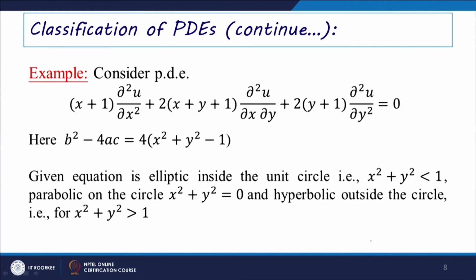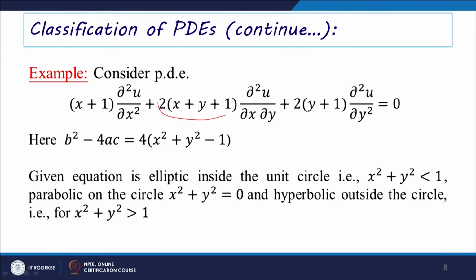To classify this, we have considered this example: (x + 1) ∂²u/∂x² + 2(x + y + 1) ∂²u/∂x∂y + (2y + 1) ∂²u/∂y² = 0. If you see this equation, you can find the b coefficient as 2(x + y + 1), the c coefficient as 2y + 1, and the a coefficient as x + 1.